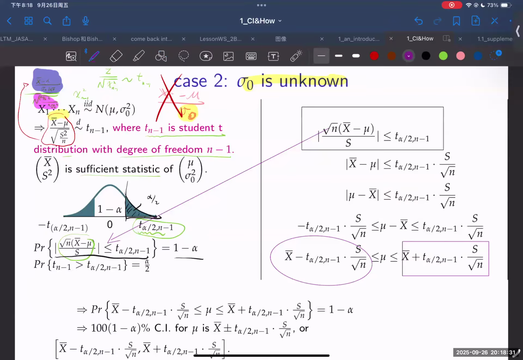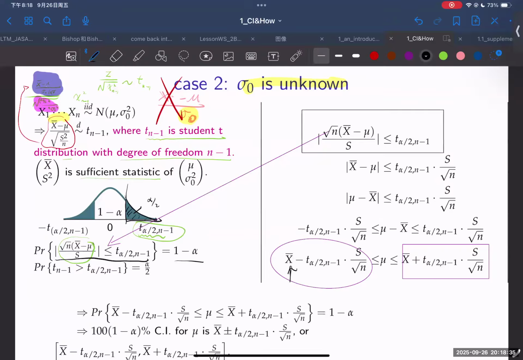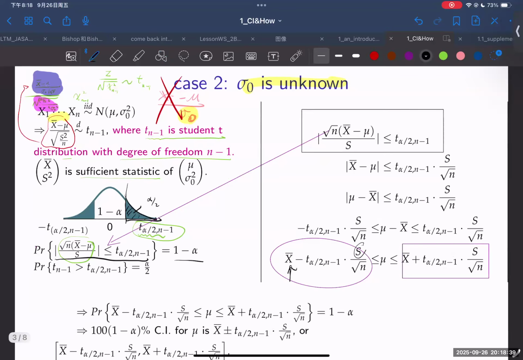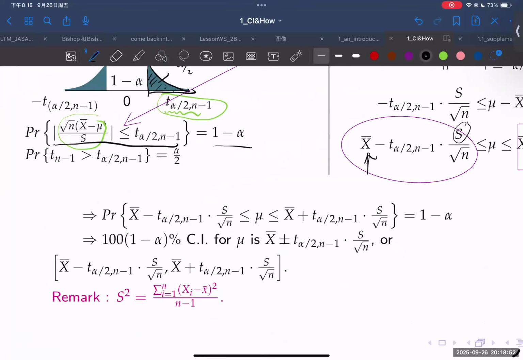Inside you can see you have X bar, which is a function of your random sample, and also S square is another function of the random sample. That means for these two ends, there is randomness. So for the inside, you just replace by it, and it equals 1 minus alpha.